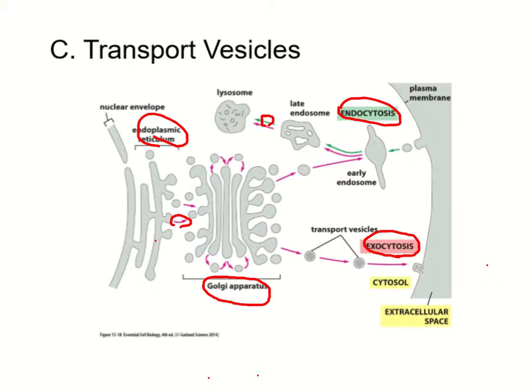They could either end up going through vesicles to the plasma membrane and be secreted from the cell, or they can end up fusing with what we call early endosomes, and then becoming the lysosome.